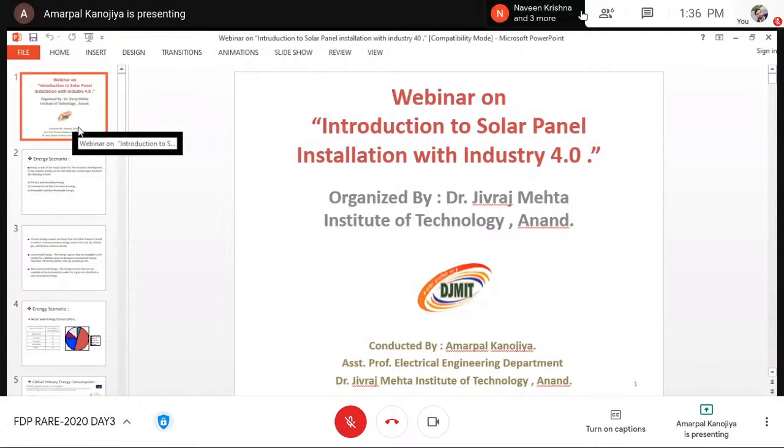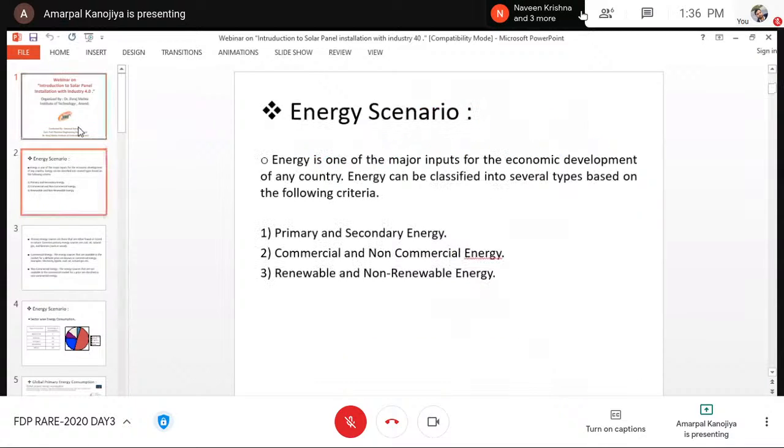Now, basically, first we will see the energy scenario of India. The energy which we are using is of primary and secondary type, commercial and non-commercial type, and renewable and non-renewable type.